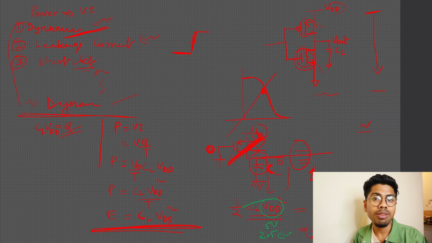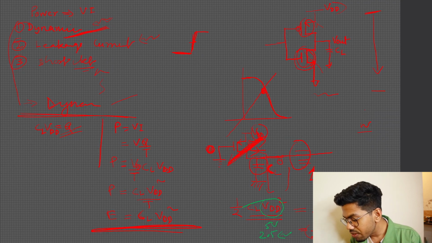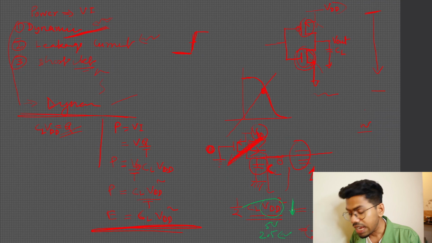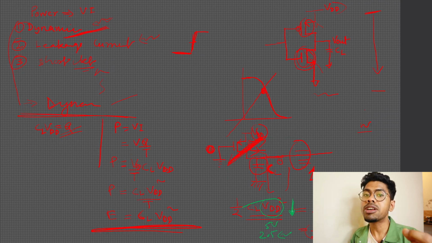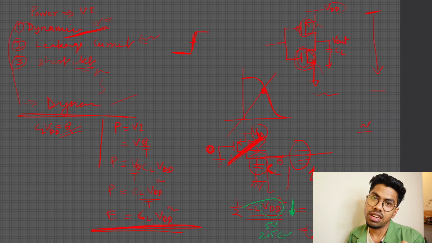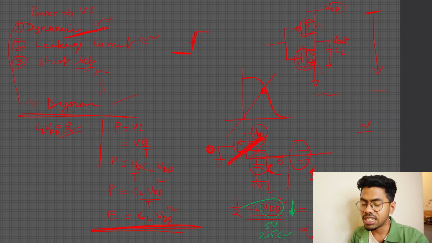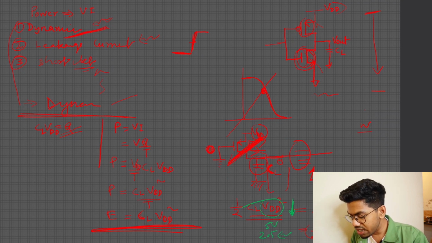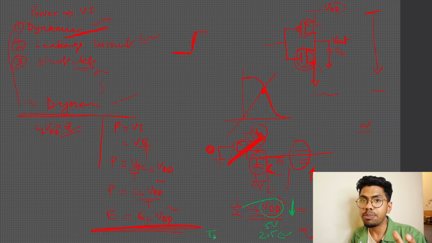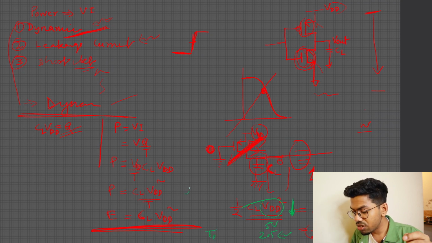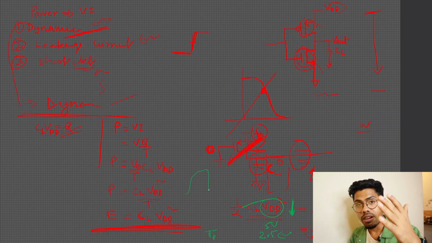But here also we have a catch, and that is if you reduce VDD and keep on reducing, then the performance of your circuit will degrade. If you recall our earlier discussion, there I discussed your propagation delay, your TP, the delay by which it will rise and fall.